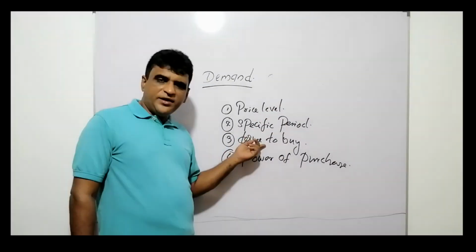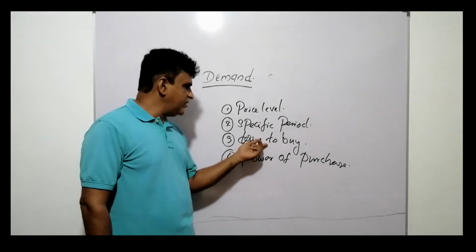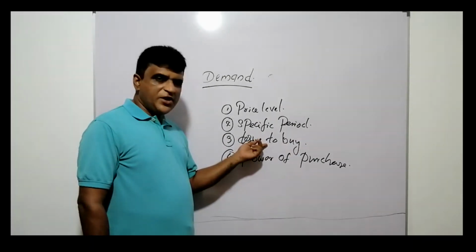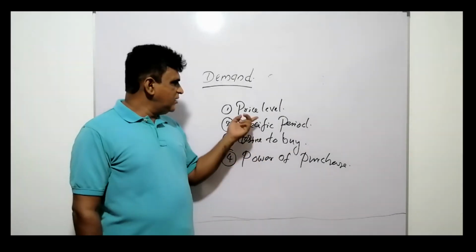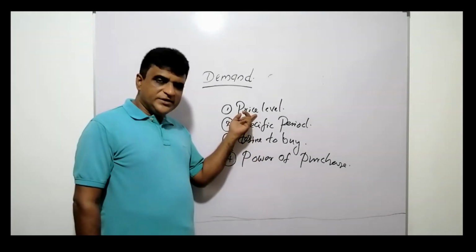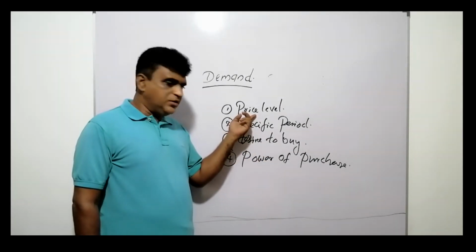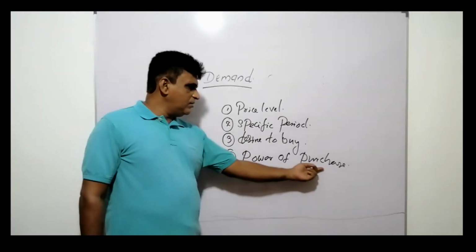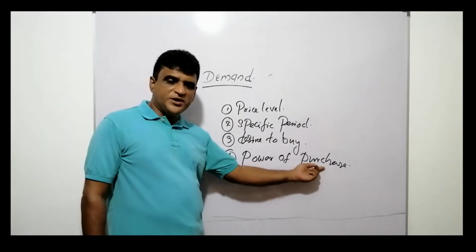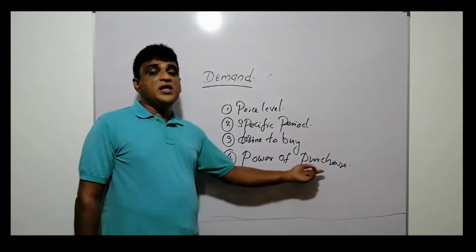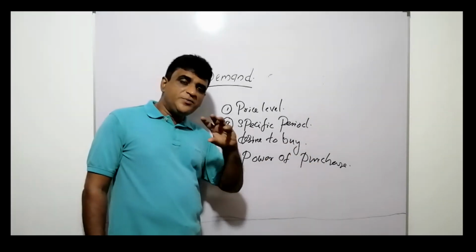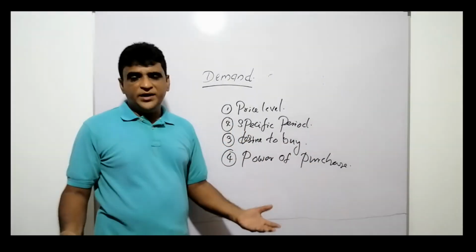We have decided to buy, and we get to know the price. We ask how much. Then we should have the power of purchase. If we don't have sufficient money to buy this particular commodity, then we are not buying.